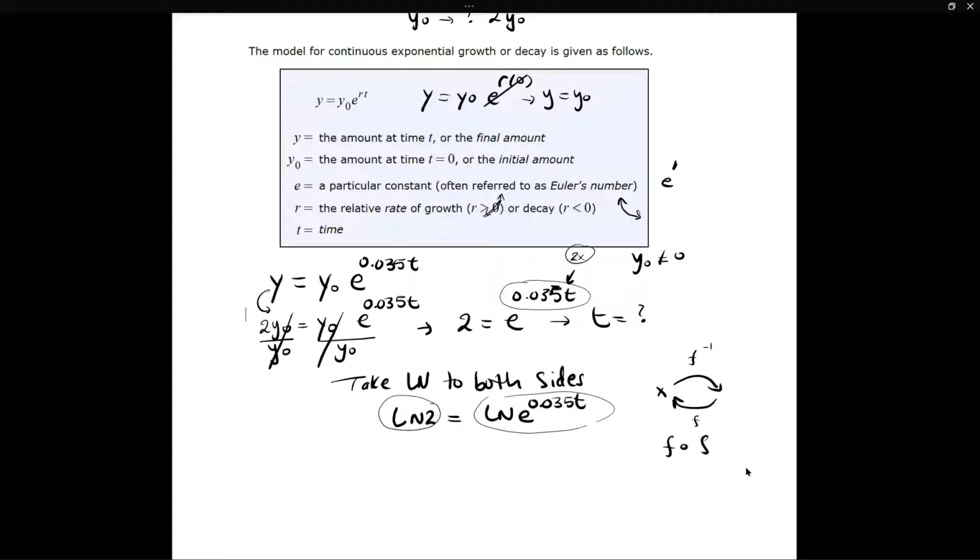So anytime we put a function with its inverse, we get the input back. You start with x, you get something here, then the inverse will take it back and return it. It doesn't matter which way you want to think of it; some will say I'm used to it this way, and that's fine.